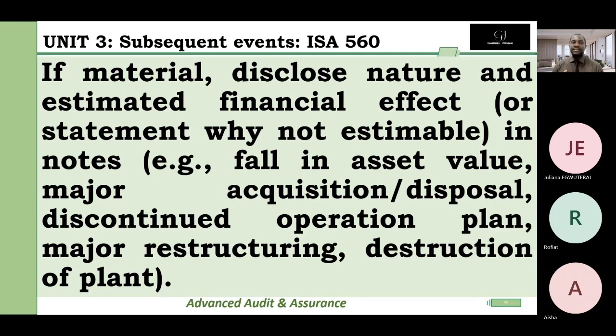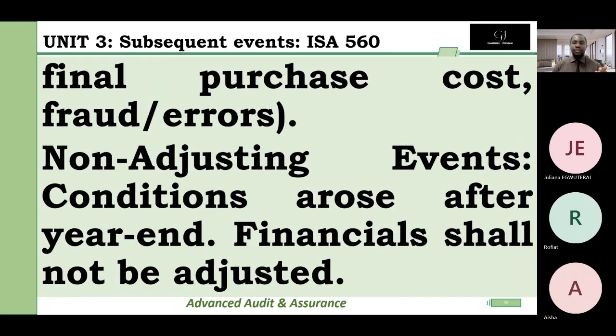And we need to understand that the estimated financial effect, or a statement of why it is not estimable, goes in the notes. For example, a fall in asset value, a major acquisition or disposal, a discontinuation of a facility or a plant, major reconstruction, destruction of a plant, any substantial or significant event that happens, if material, needs to be captured.